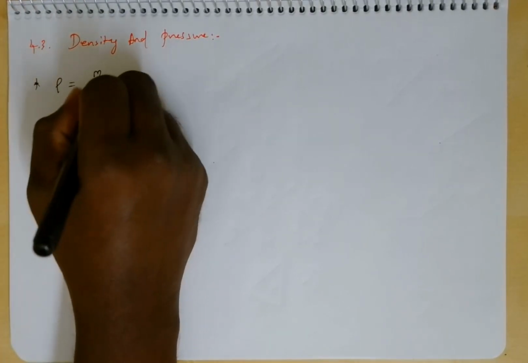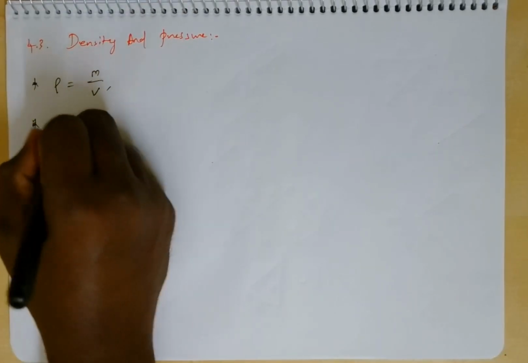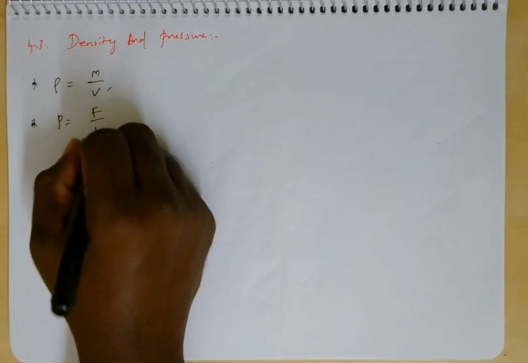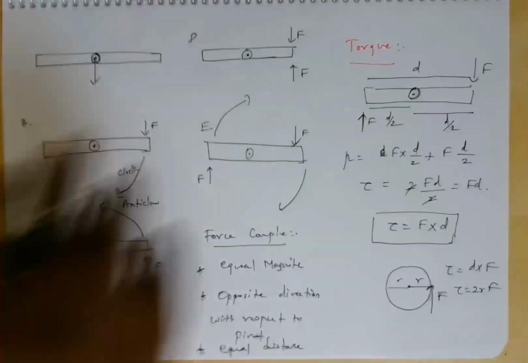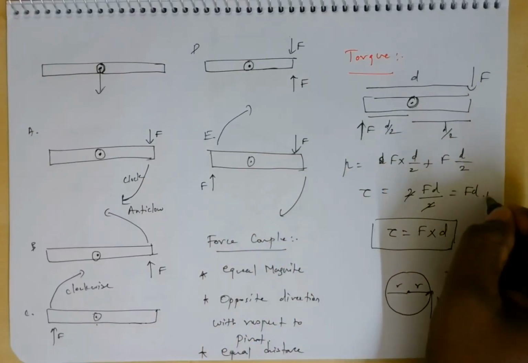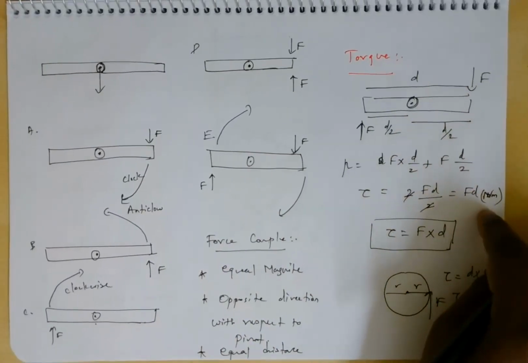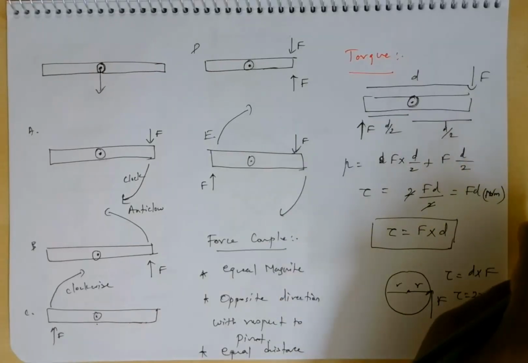Density is mass by volume. We also know the definition of pressure, force by area. By the way, moment of force has the unit of Newton meter. So moment of force is Newton meter.